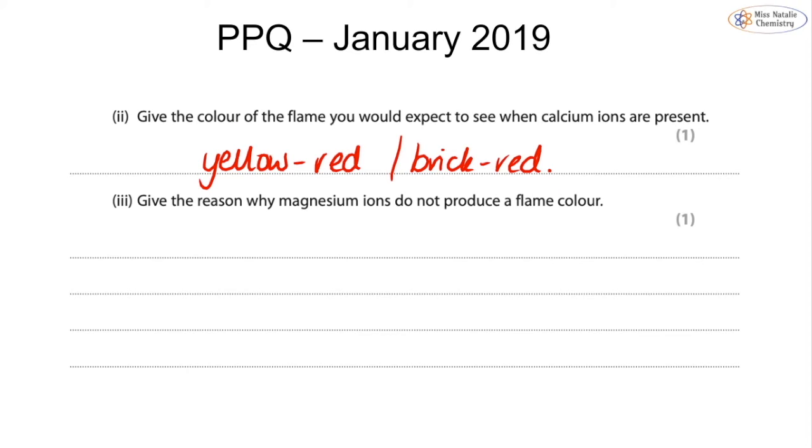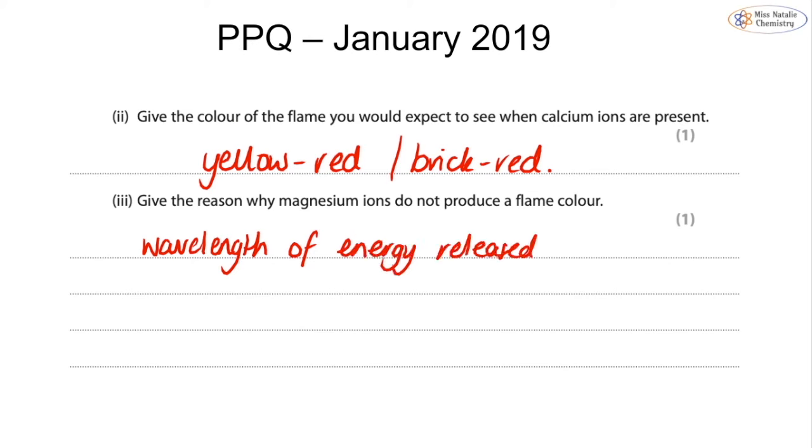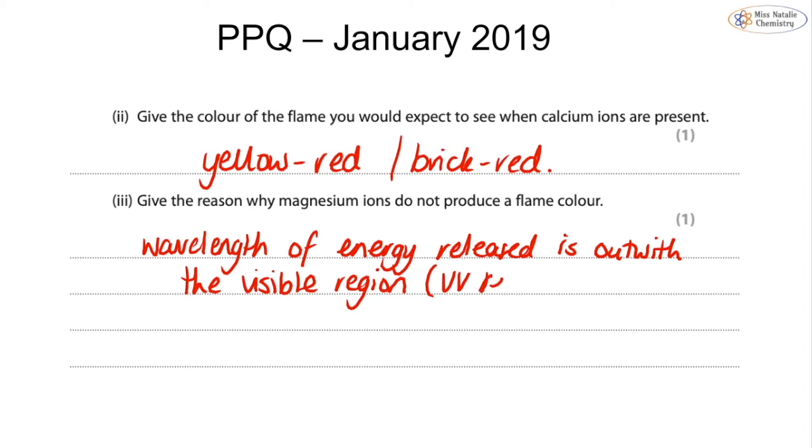Well, it is because the wavelength of the energy released is outwith the visible region. Or you can even say it is in the UV region. Either one of those would be accepted.